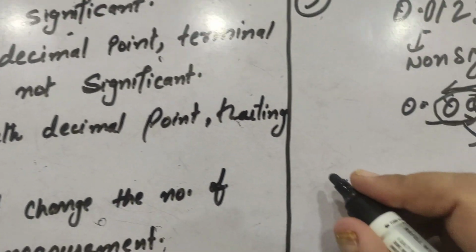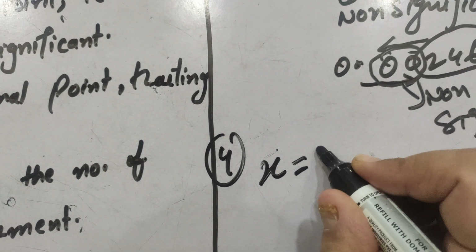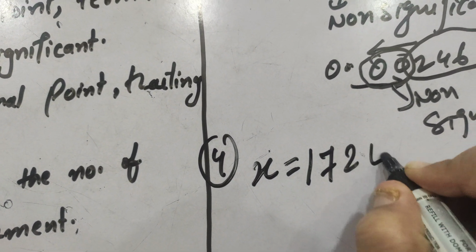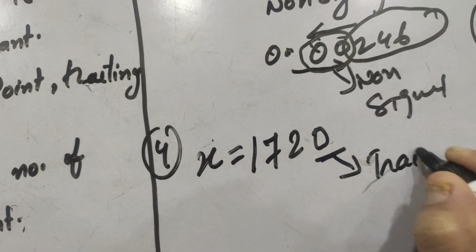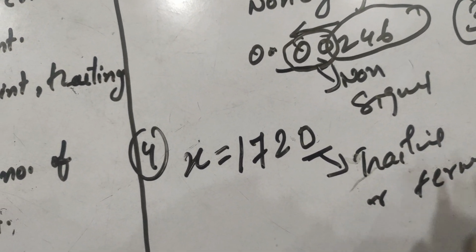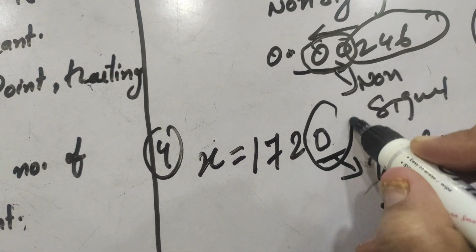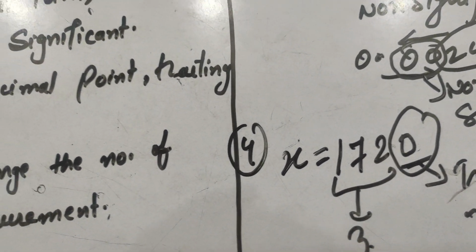Suppose the number x is equal to 1720. This is the trailing or terminal 0. In this case it is not significant, and the significant figures are only 3.